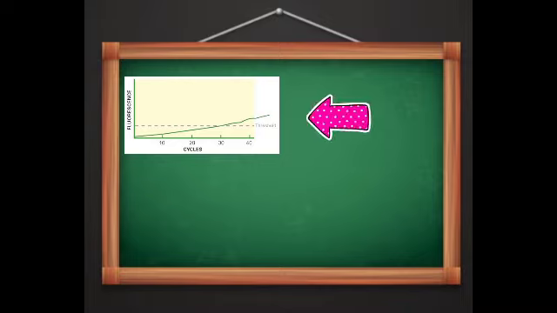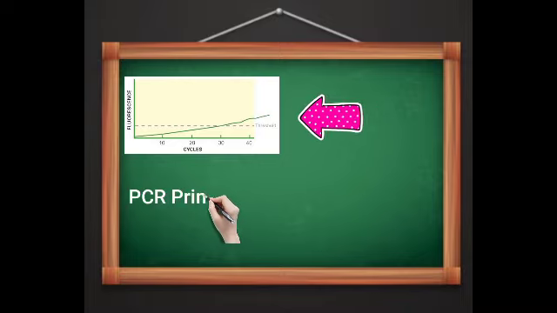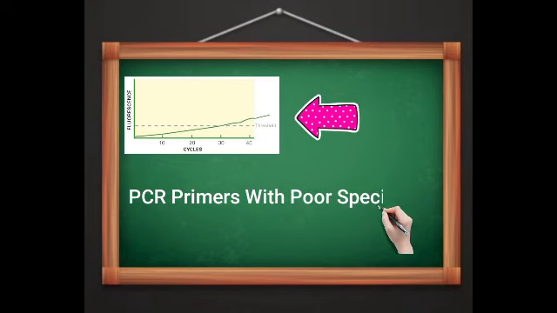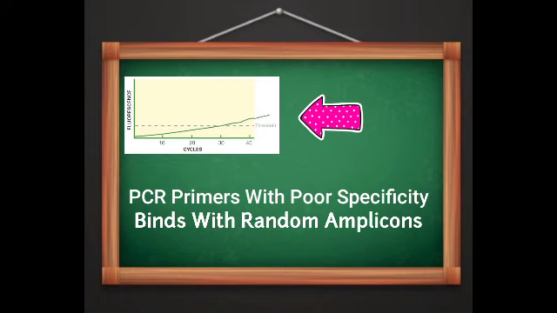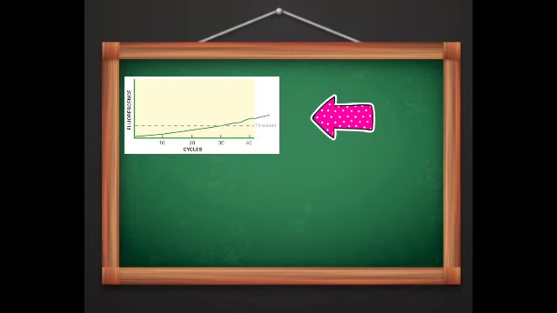Now, a similar type of curve can occur as well for a very different reason. If your PCR primers have a very poor specificity, possibly due to low melting temperature, allowing them to bind indiscriminately, then it can be possible to simultaneously have many different random amplicons of varying efficiencies all being made at once in the reaction.